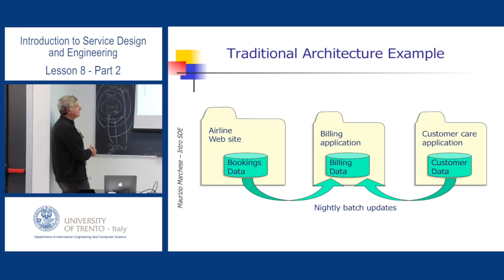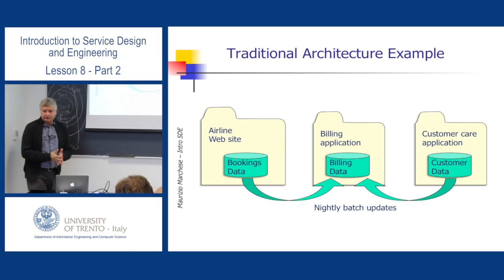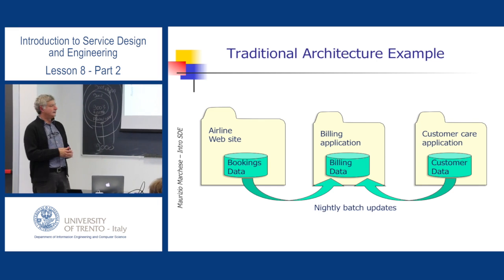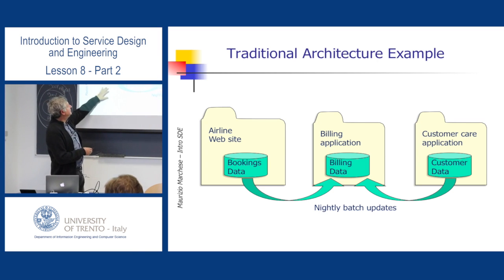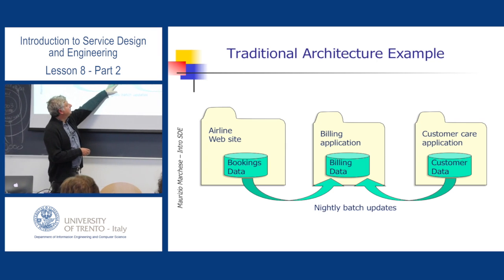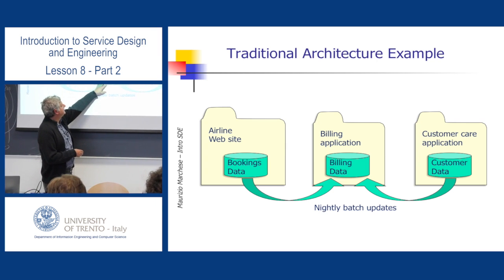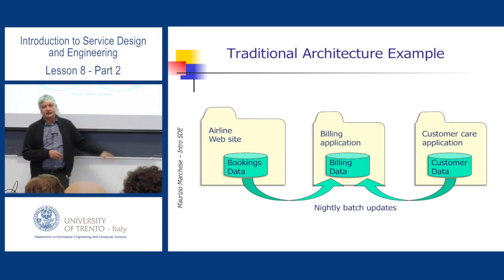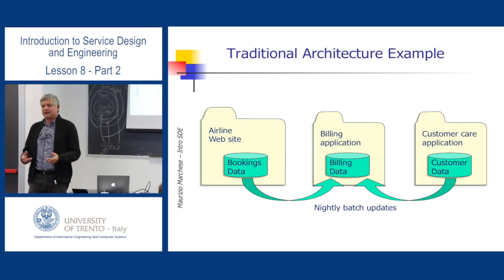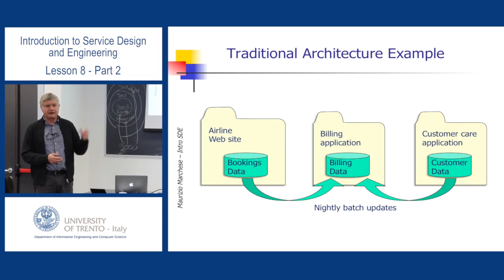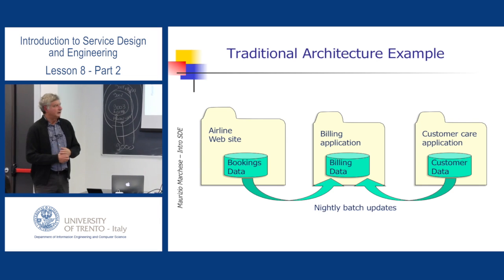Typically, in a traditional old-style way, you have the airline website, which has its own database of booking data. You have a billing application somewhere else in your system with, again, billing data, and you have a customer care application.